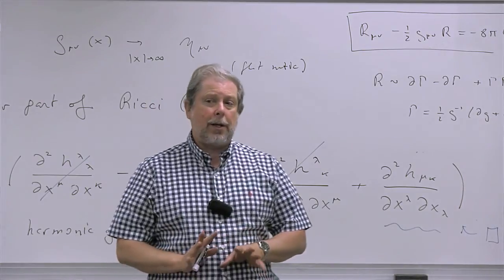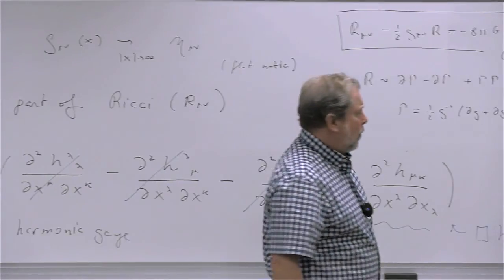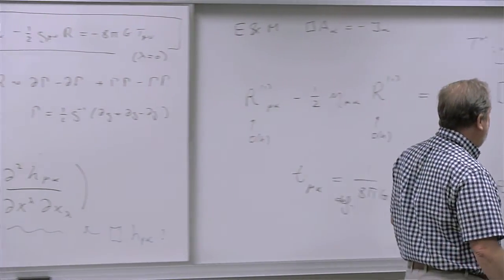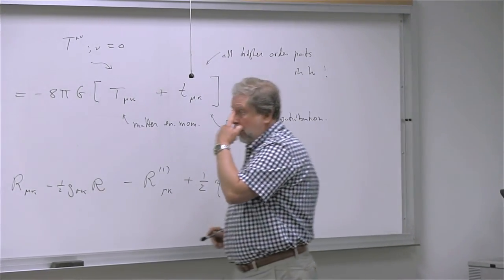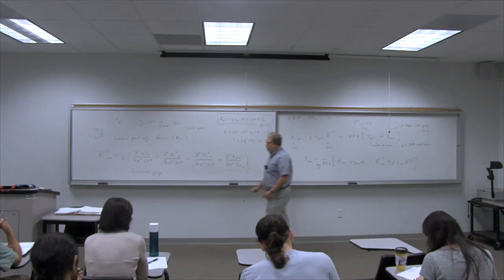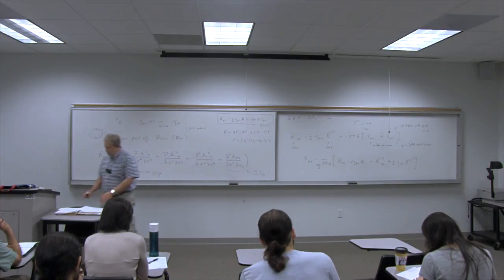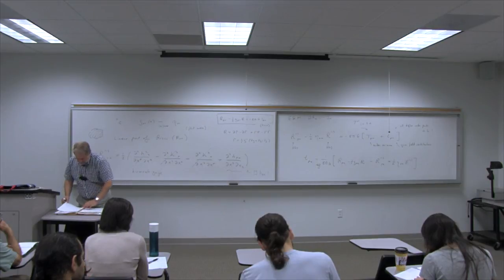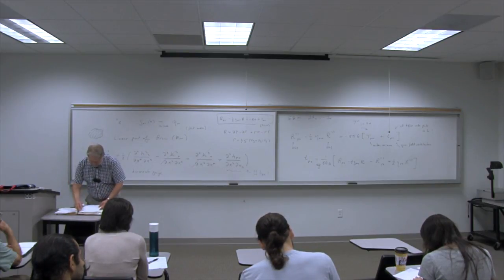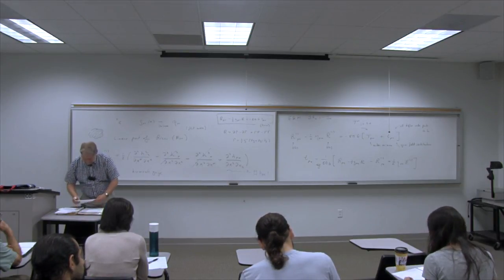So this part here is not conserved, right? So we cannot talk about it as being a genuine tensor in any way. Nevertheless, it is the gravitational field contribution to the right-hand side of the field equations.